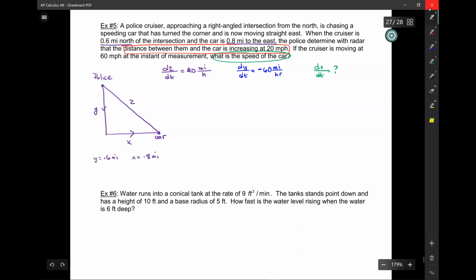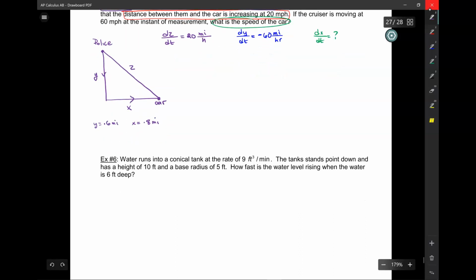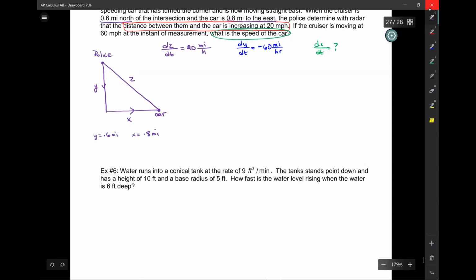Now we can use that to find z. But why do we even need z? What is the equation that's going to relate x, y, and z here? Pythagorean theorem: x squared plus y squared is equal to z squared. Are any of these constant?